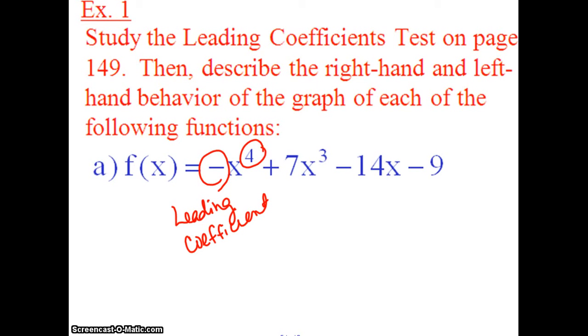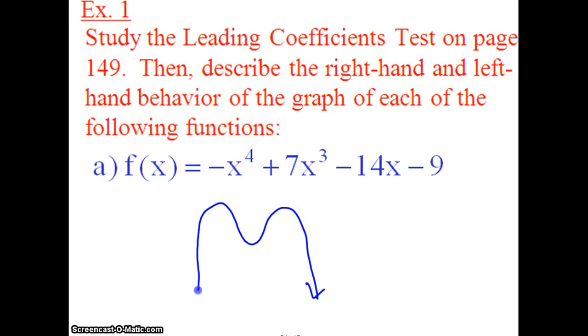So this is a quartic. The best thing to do here is to sketch the graph. It would look like an M. And let's go ahead and find the left and right side behavior.